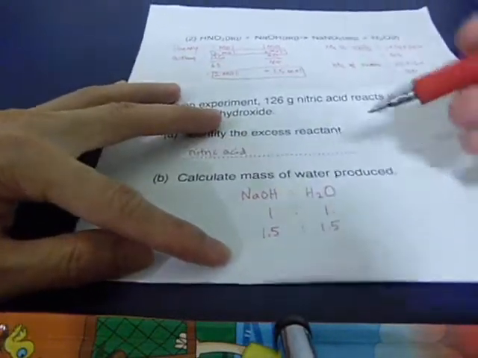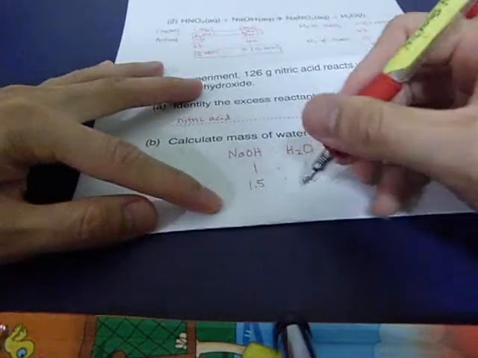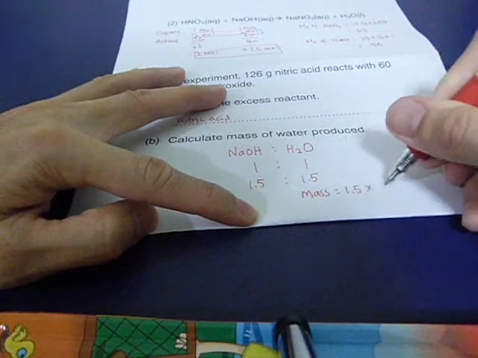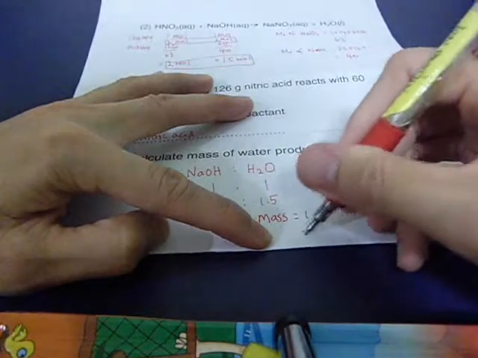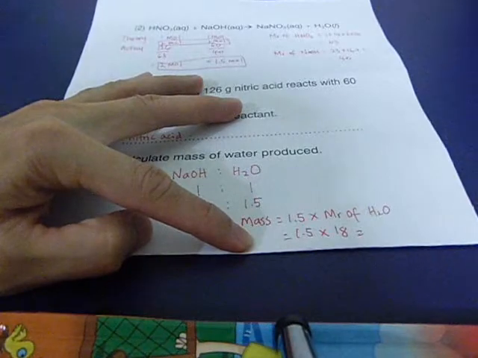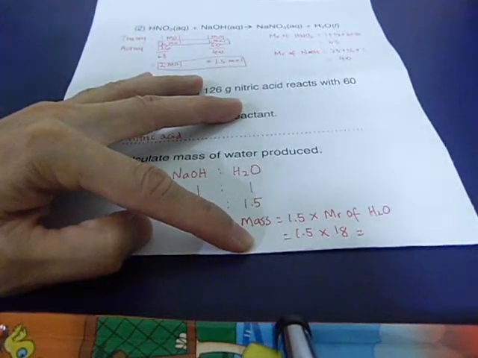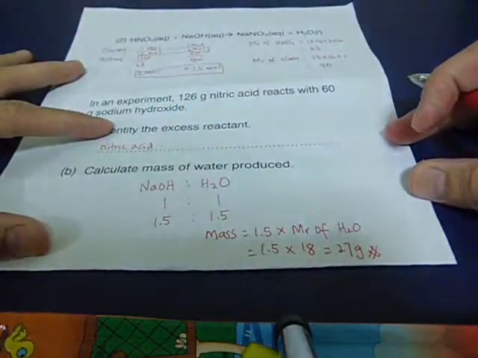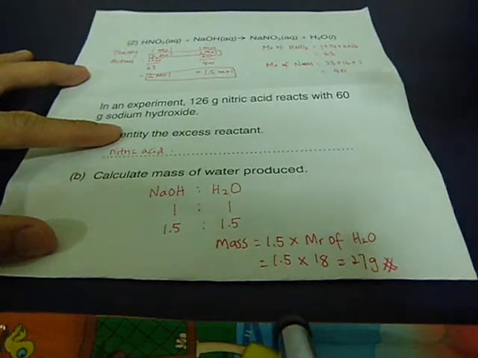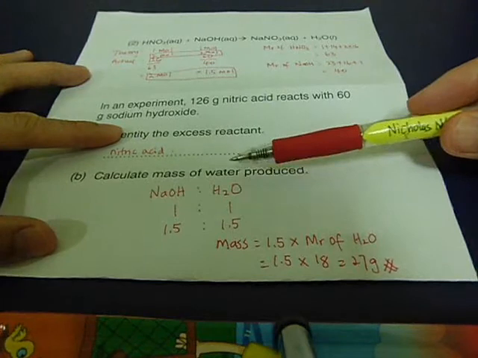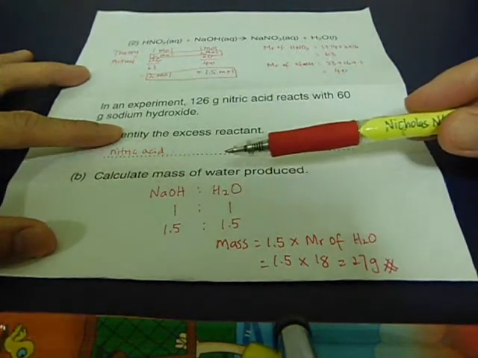And for the 1.5 mole of water, the question wants mass. So what would be the mass of 1.5 mole of water? It is mole times the MR of water. The MR for water, you know, is 18, and that would give you 1.5 times 18, 27 gram. So again, the key point here is the amount of product produced depends on the amount of limiting reactant that we use.